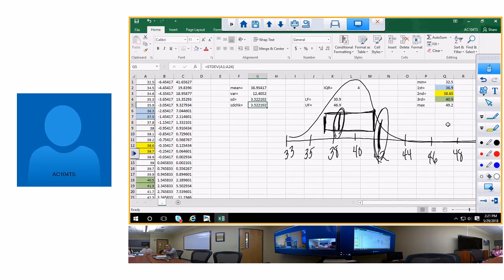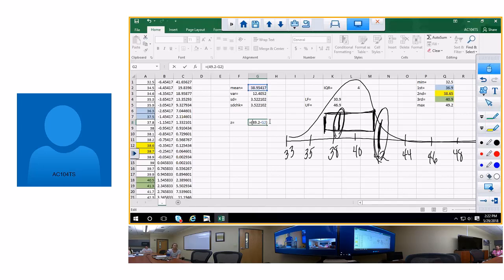All right, now let's find our z-score for what? What did they say to find it for? Was it 49.2? Somebody remember? Yes. All right, 49.2 minus the mean, close parentheses, divided by standard deviation.